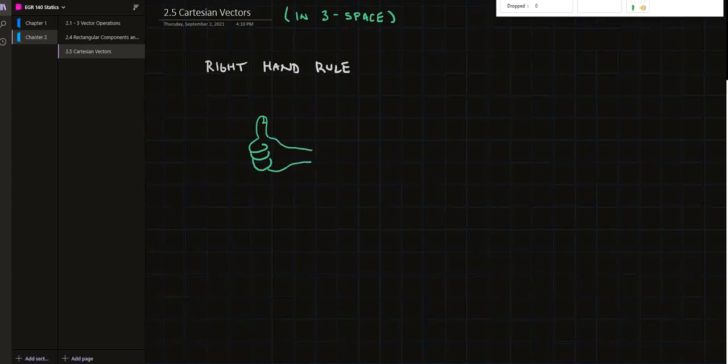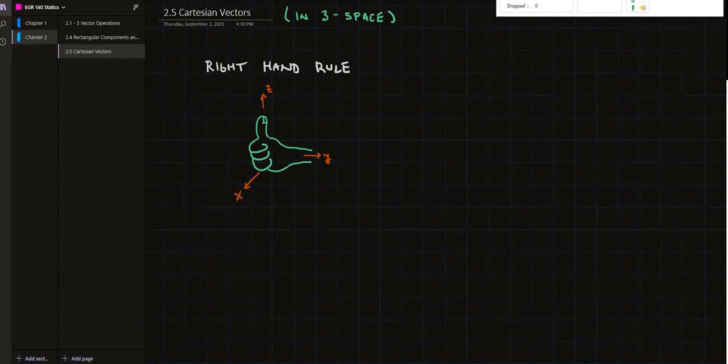The way this works is we define y in this direction, we define z in the direction of the thumb, and then sometimes you can point a finger this way, or just know that x comes out this way.